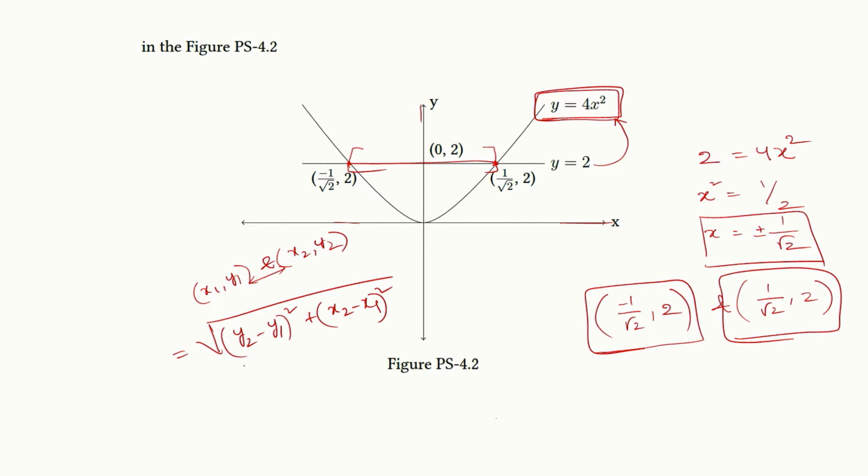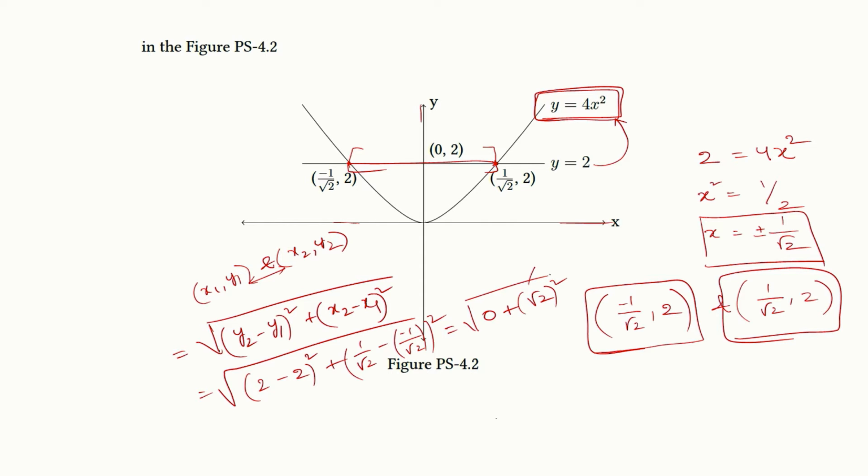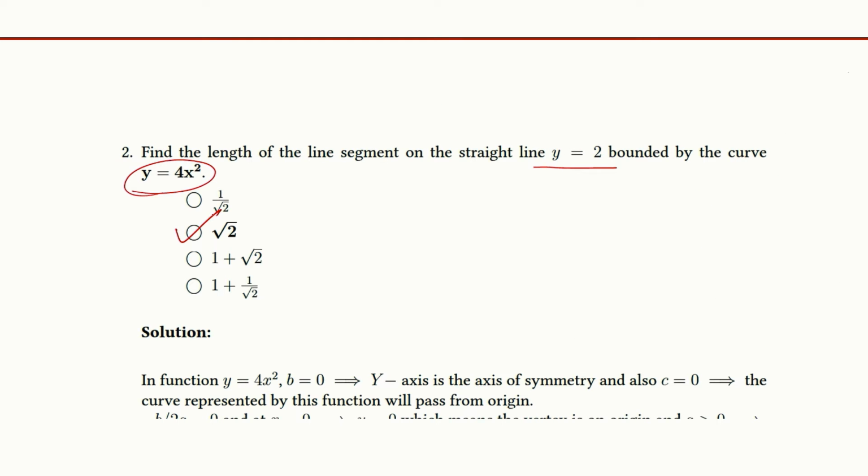In our case, y2 is 2, y1 is also 2, x2 is 1 by root 2, and x1 is minus 1 by root 2. If we calculate this, we will get 0 plus root 2 whole square. Finally we get root 2. So option B is correct.